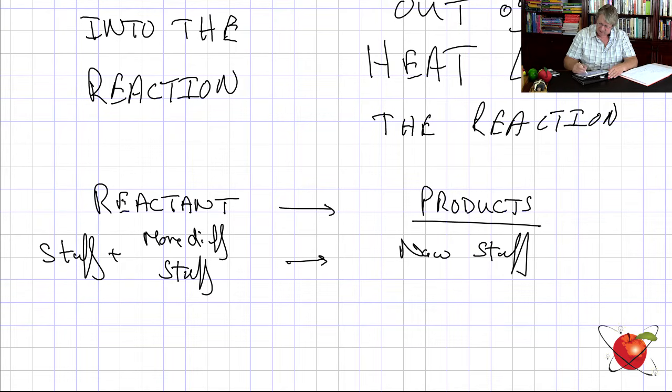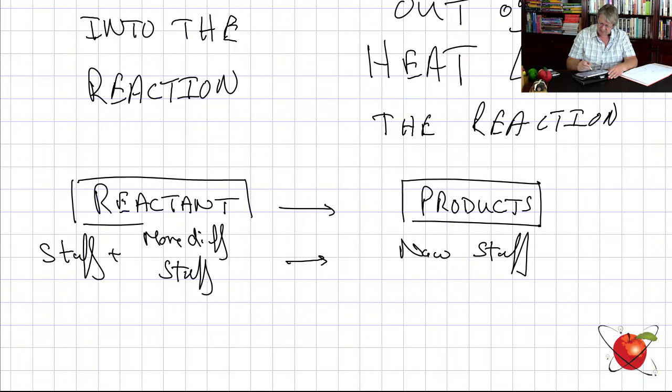In other words, products is this here. We take bits and pieces and we get products. We get something different. If you put an acid, like we've said before, on marble, you get different stuff. The marble dissolves, and we get new stuff. Reactant is the stuff that reacts with each other. It takes part and it forms products. It forms new stuff.